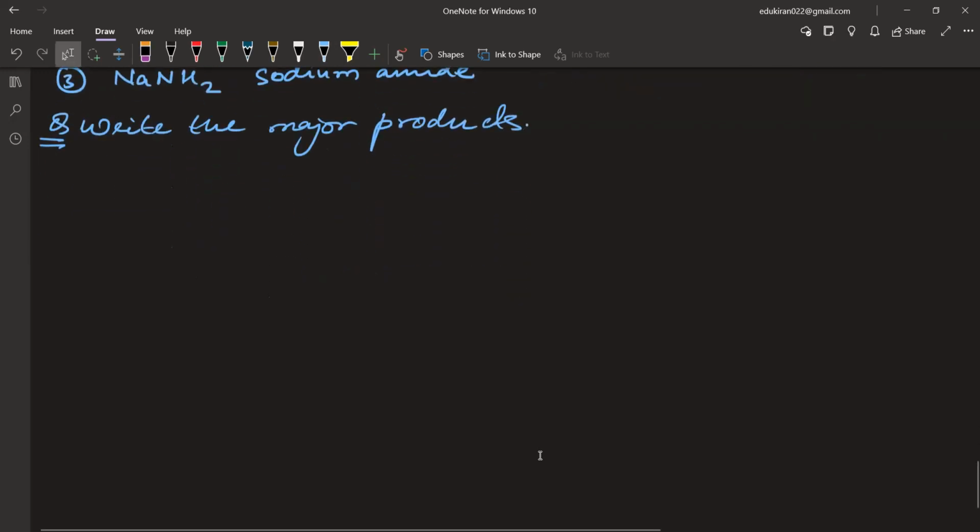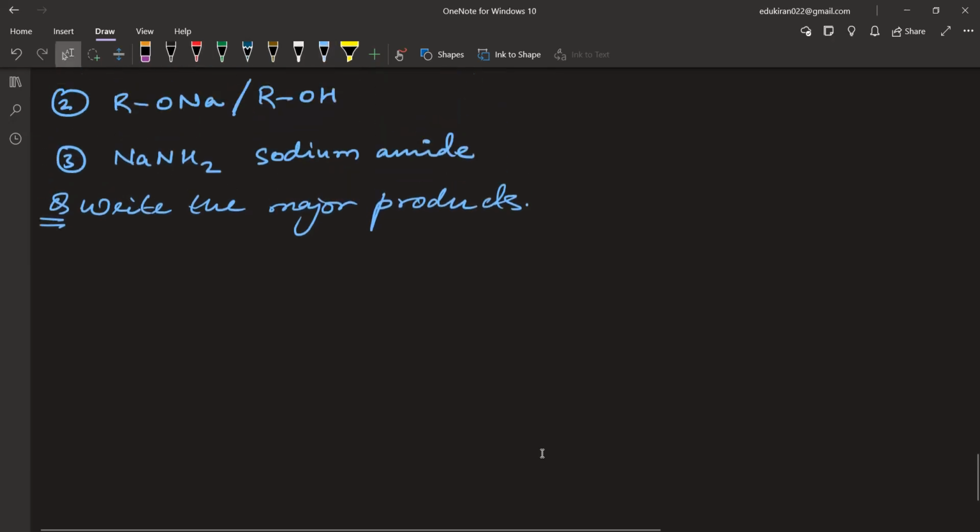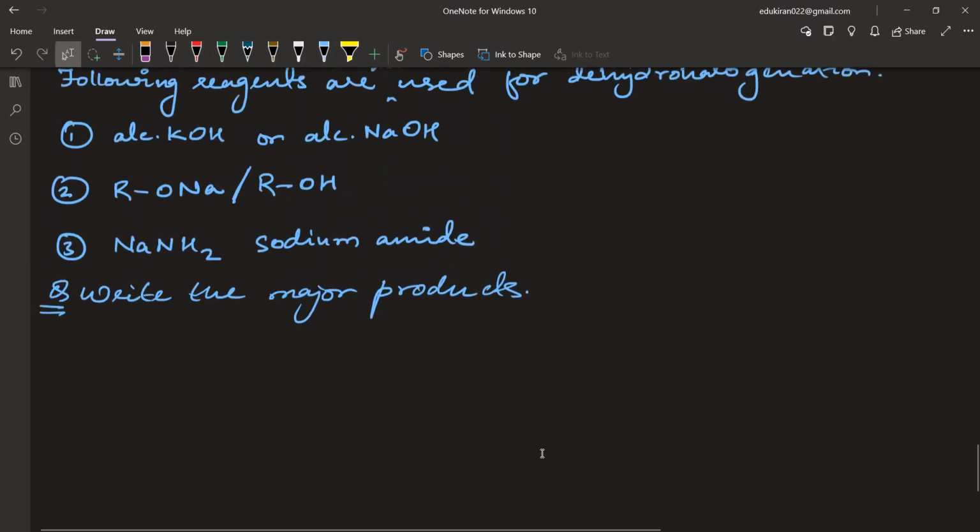Write the major products. ये लिख लिया आपने तीनों reagent? Yes or no? Yes.